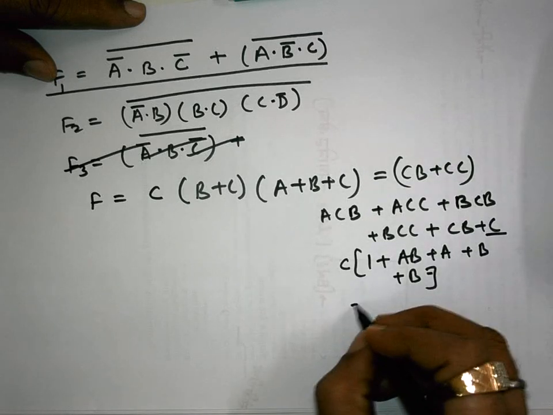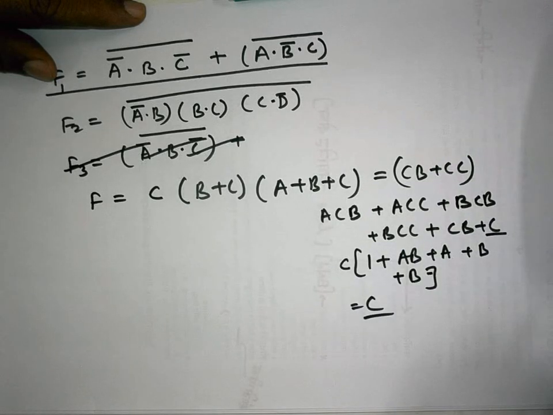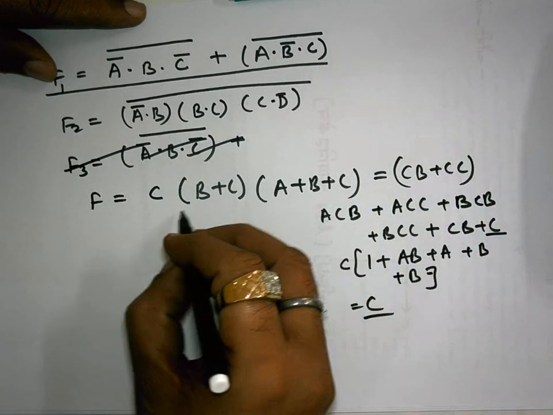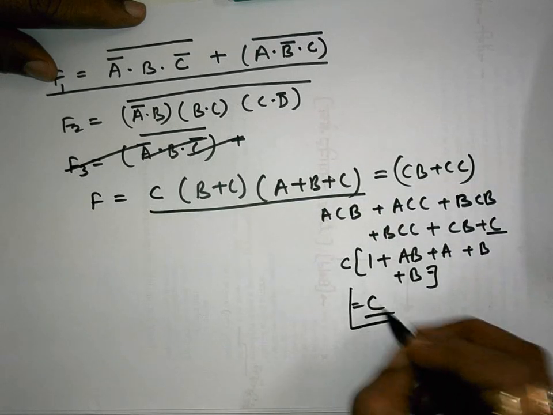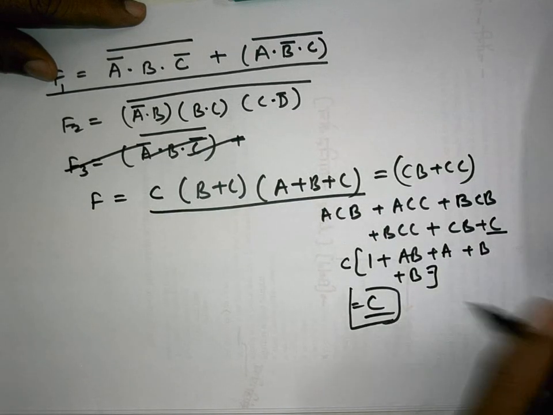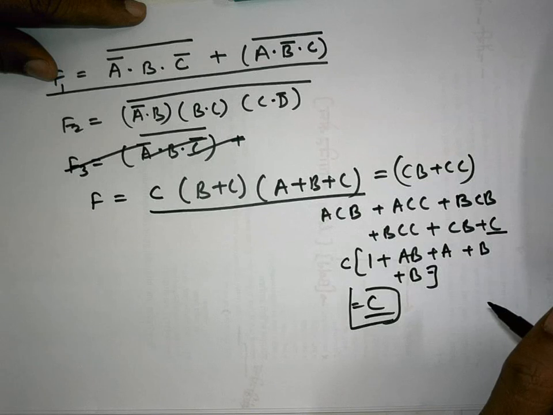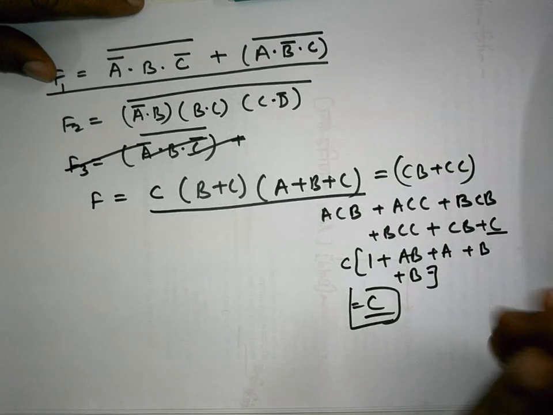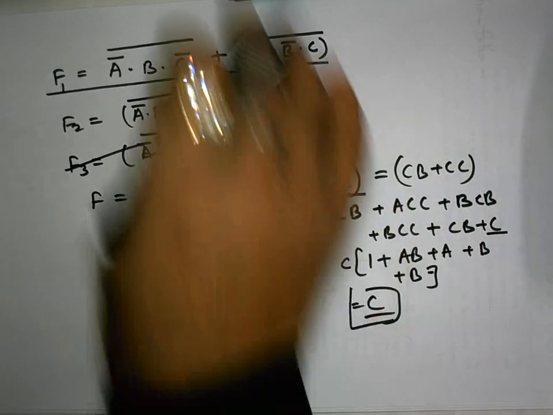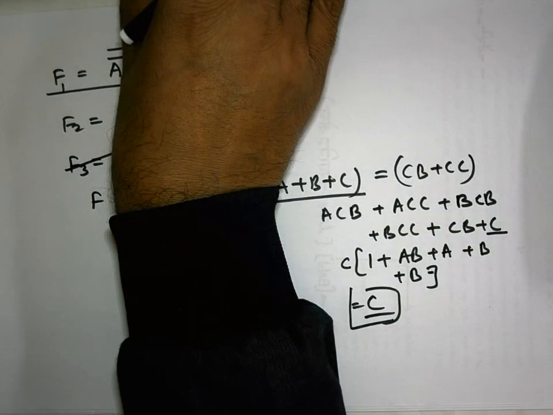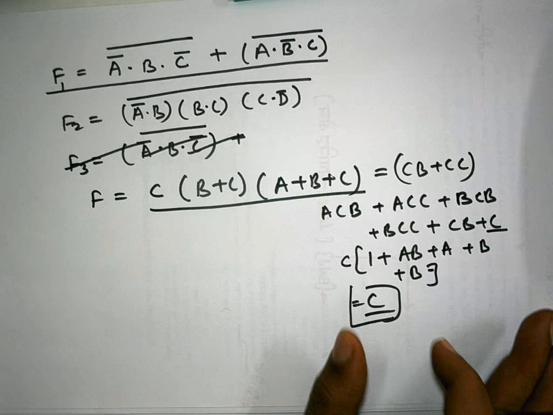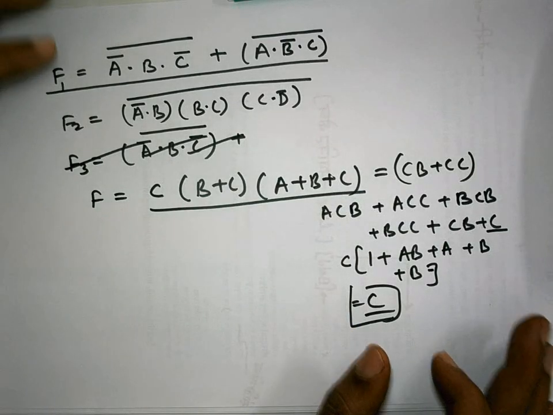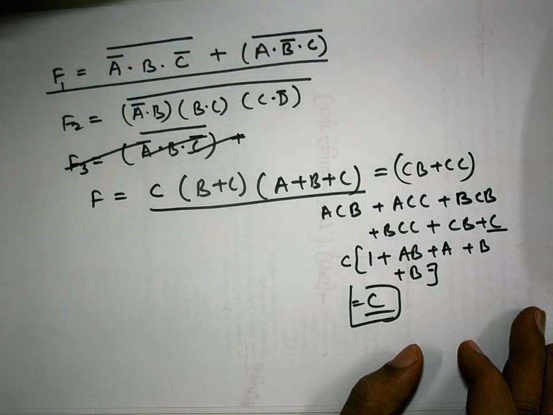So this is simply C, which is the output. So instead of going for a design for this complex expression, what do you opt for? You take input C, and this will form the output, okay. So you can simply solve problems like this using Boolean expression, okay.